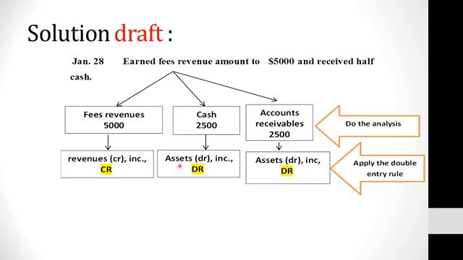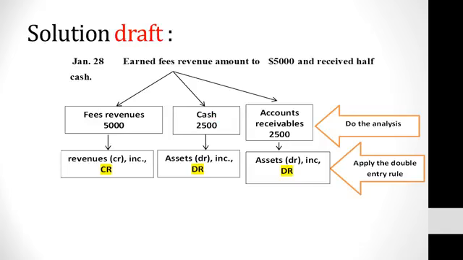Cash is an asset, it is normally debit, it increased because you received cash. Your cash increased so it is going to stay in the debit. Accounts receivable is also an asset and it is normally debit, it increased so it's placed in the debit. So in the debit side we have cash and accounts receivable, in the credit side we only have revenues.